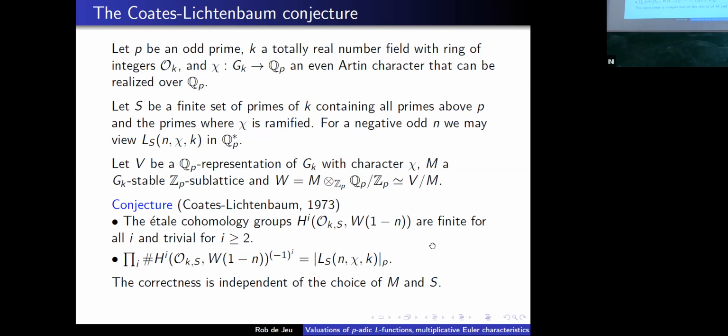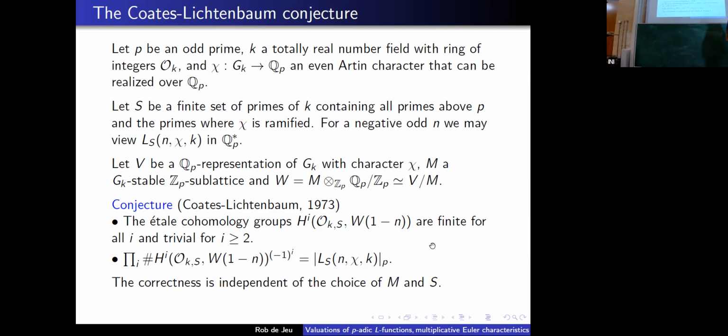So they set up: you take an odd prime p, totally real number fields, and an even Artin character, realizable over Q_p. It doesn't have to be one dimensional, it could be higher, maybe two dimensional, or reducible. Take some primes, including the primes above the prime number p, and also everything where the character is ramified.